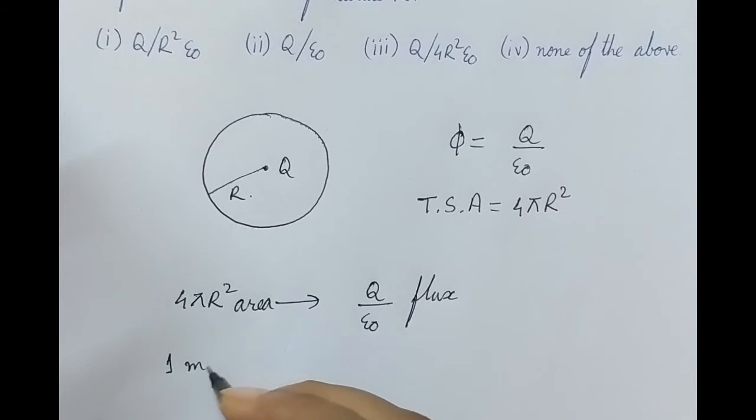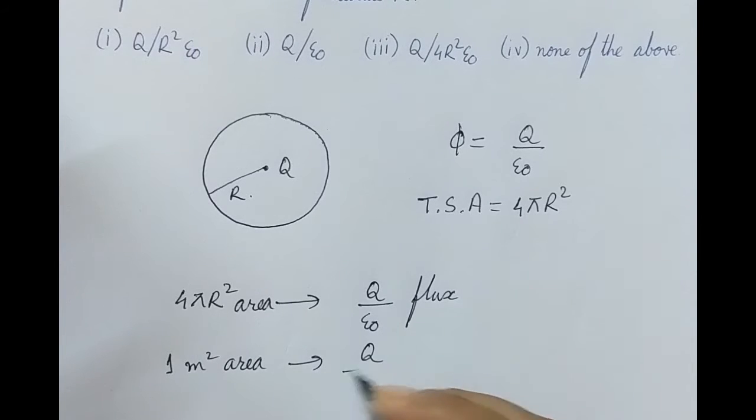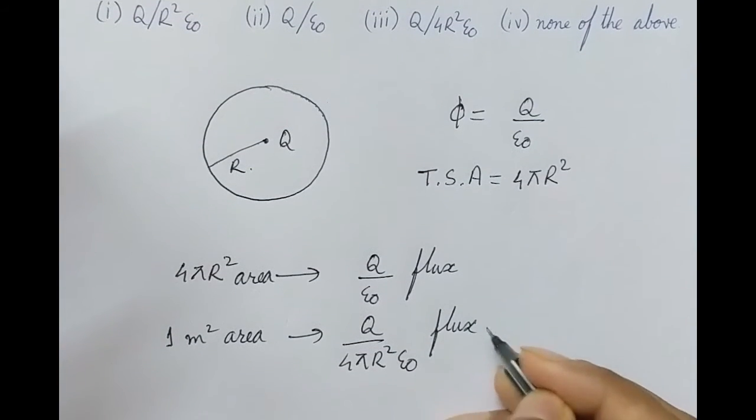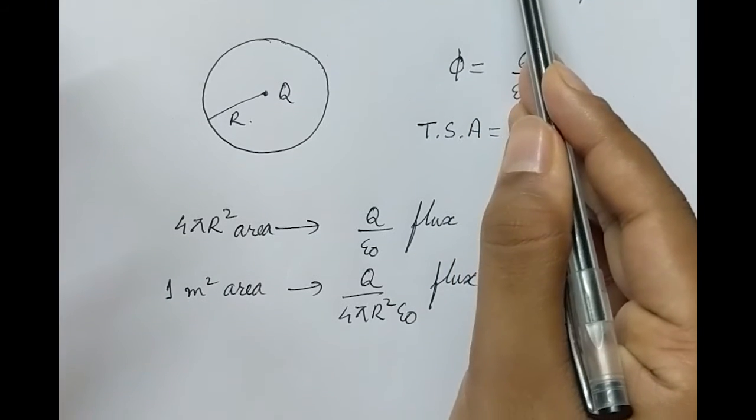So 1 meter square area encloses Q by 4 pi r square epsilon naught flux. The problem states 4 pi meter square.